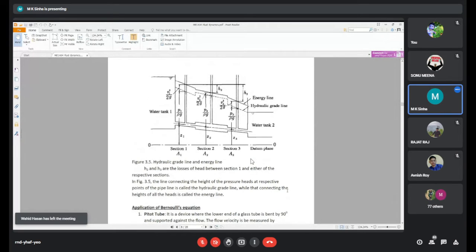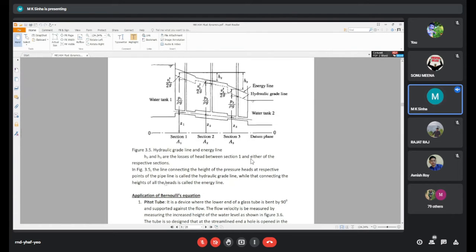See the dotted line marked here; that line is called the hydraulic grade line. Above that is the velocity head, and then the losses, the pipe losses. See, you must mark and check it. So that is the pipeline.